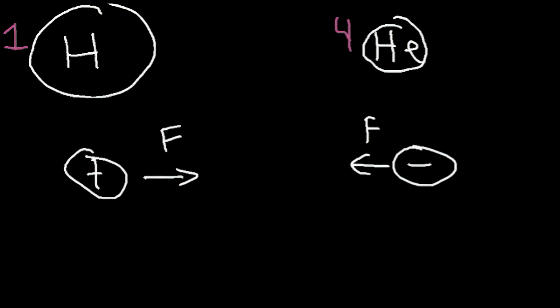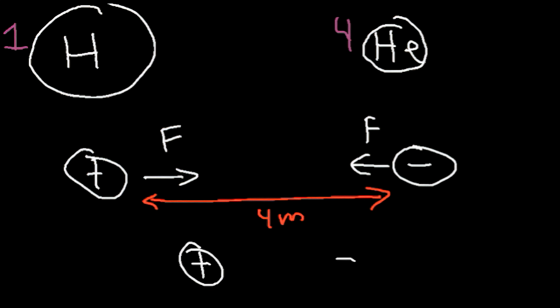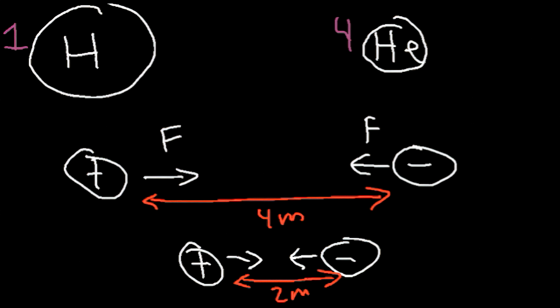Currently they're about 4 meters apart, but if you bring the proton and the electron closer, let's say 2 meters apart, if you decrease the distance by a factor of 2, the force of attraction between these two particles will increase by a factor of 4. So the electrostatic attraction is much larger if the charges are brought closer to each other.